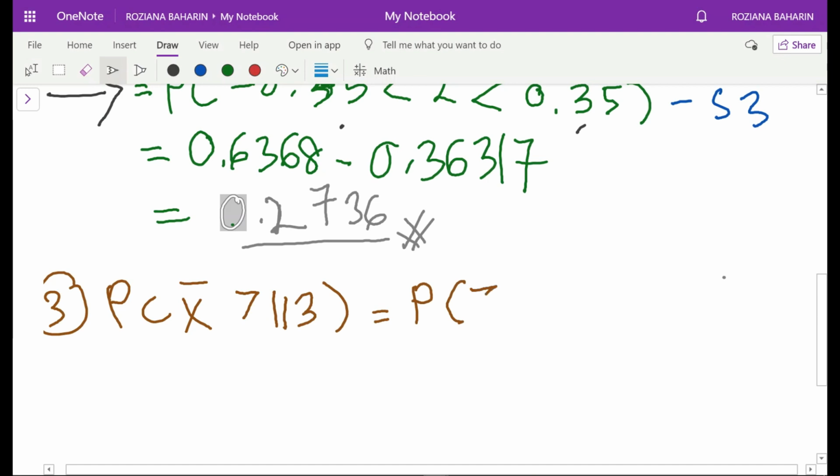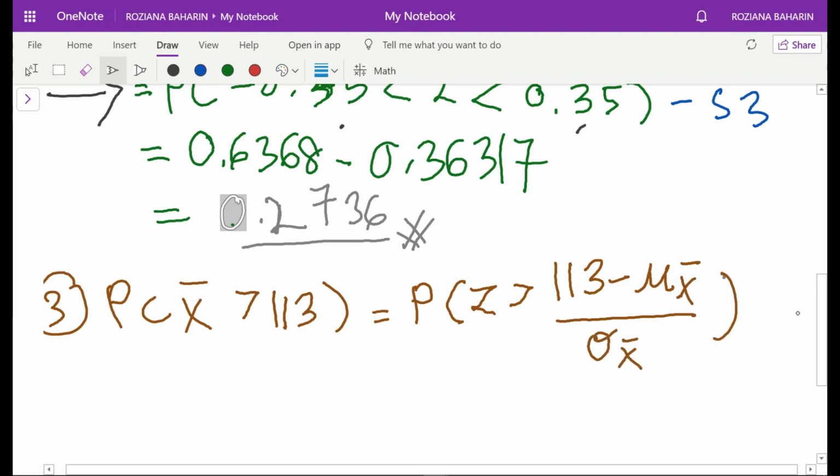Now we want to convert to Z. Once you put in this notation of Z, remember that you need to use the formula to transform it into a Z value. So Z, remember it is 113 minus the mean of your X bar, divided by the standard deviation of your X bar.